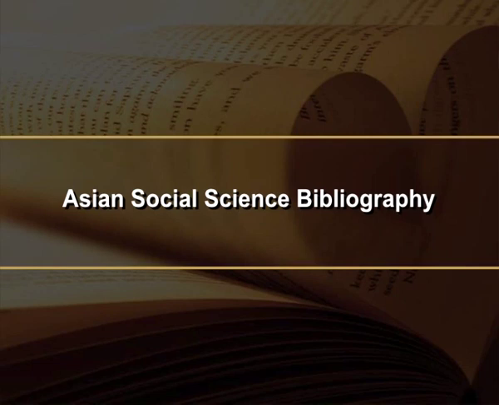Asian Social Science Bibliography. It is a selective bibliography covering subjects like economics, sociology, social anthropology, social psychology, political science, social science, education and communication, and demography.